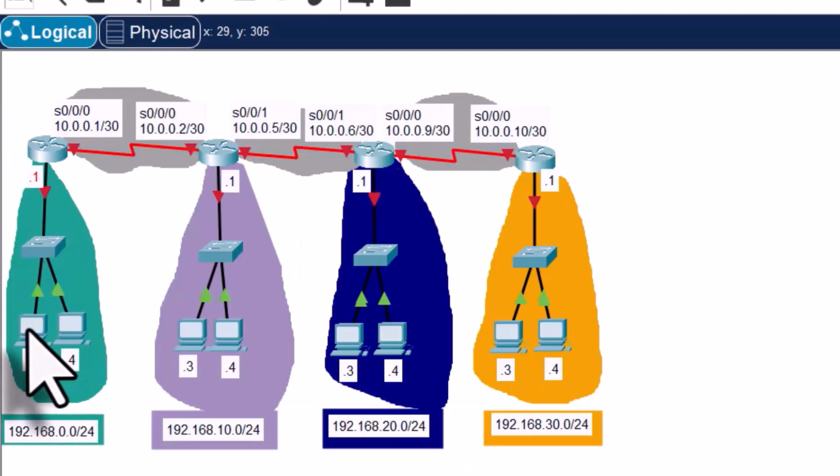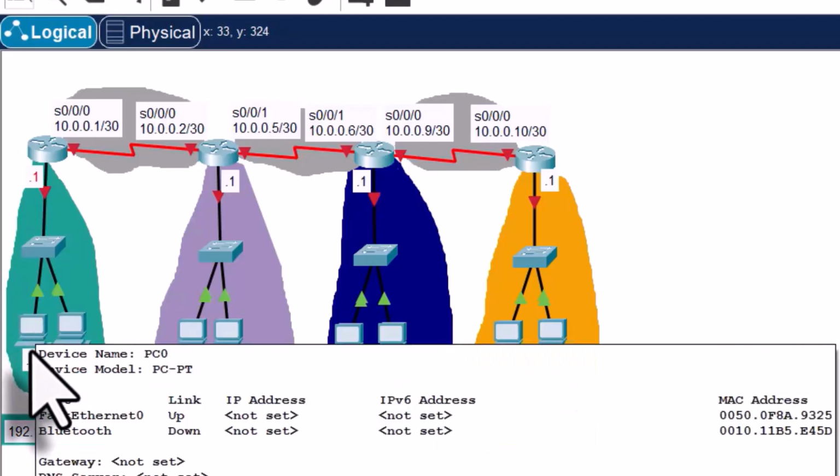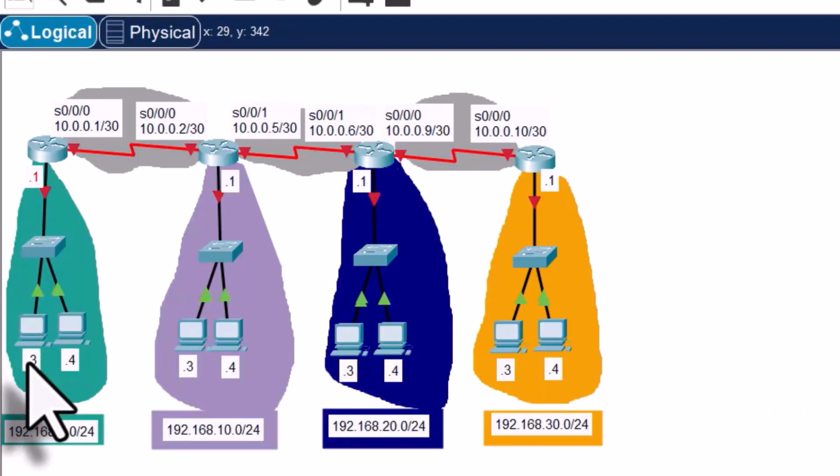We have a PCA, we can call it here, that's on 192.168.0.3, and PCB that's on 192.168.0.4. And then up here at our default gateway on the router, which is Gigabit Ethernet 0.